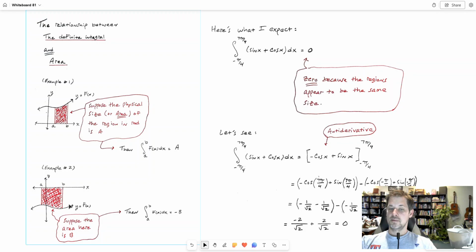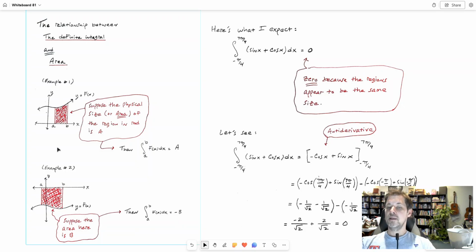And suppose the area between the curve f of x and the x-axis, in red, is capital B. Then the definite integral from a to b, f of x dx, is negative B. It's the opposite of the measured area of that region. So if that area was B, a positive number as a measurement of the area, then the result of this definite integral would be the opposite of B.